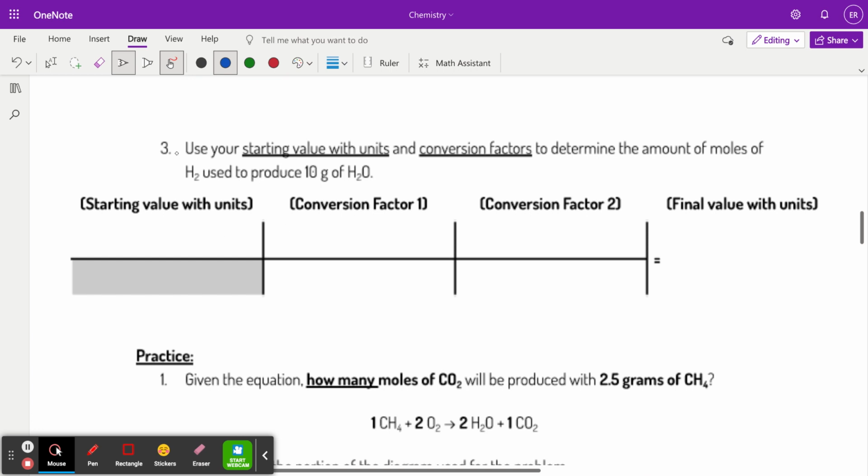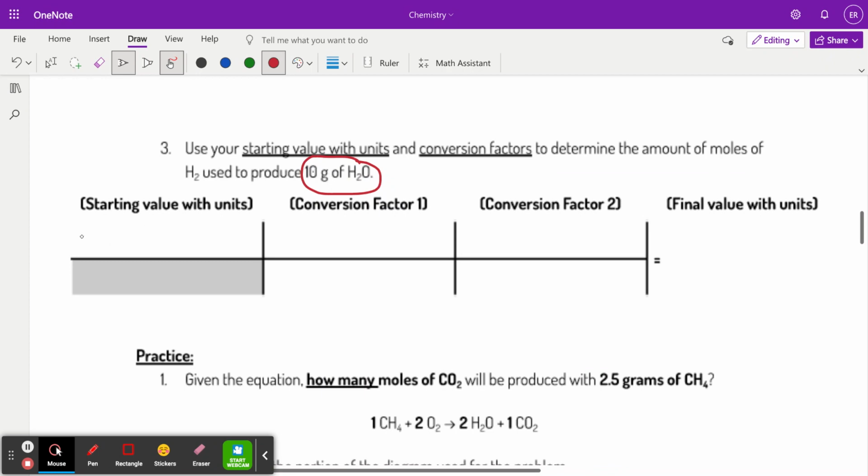So here's the question again. Using the starting value units, conversion factors, determine the amount of moles of H2 used to produce 10 grams of H2O. Again, our starting value is right here, grams of H2O. It's also at the top, but I brought down the question over here.